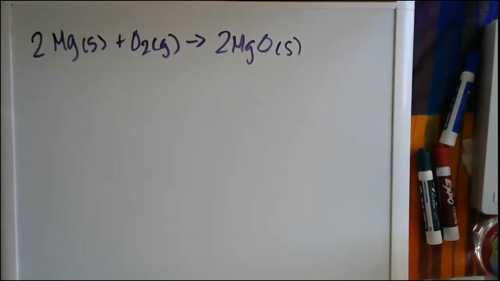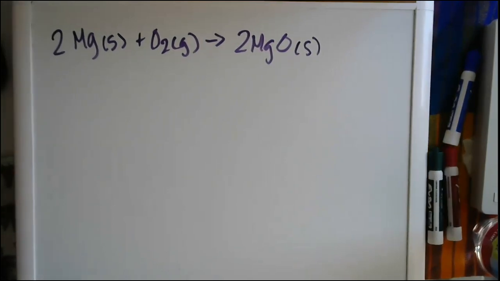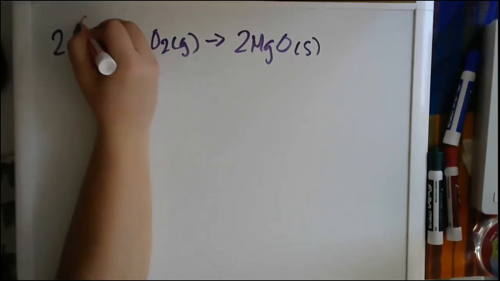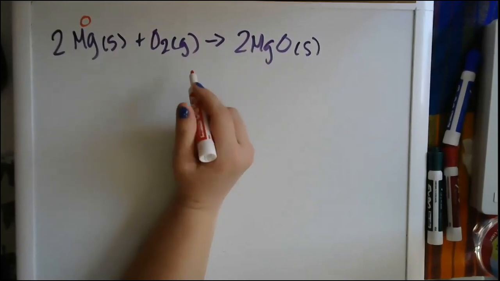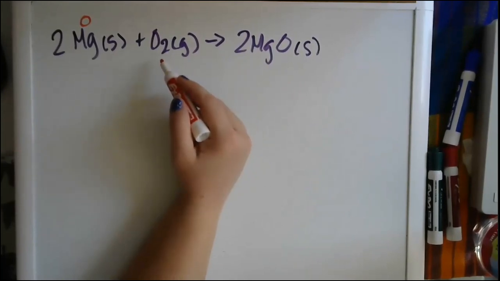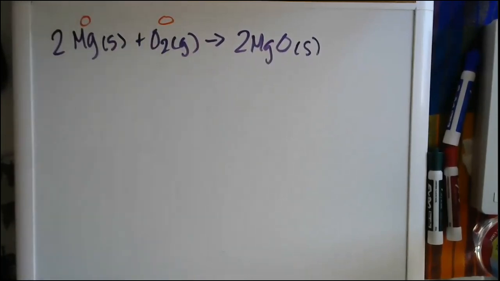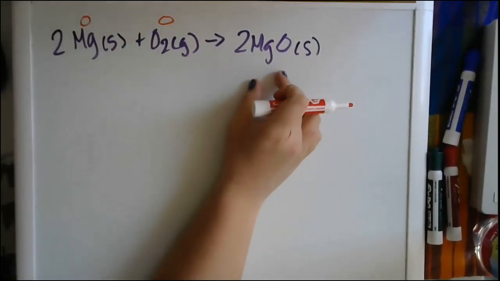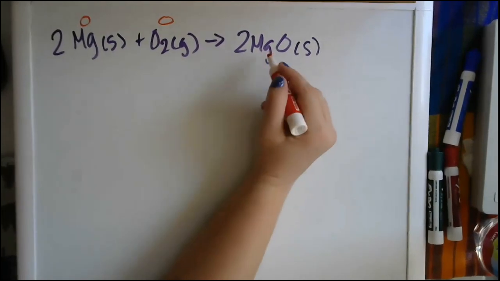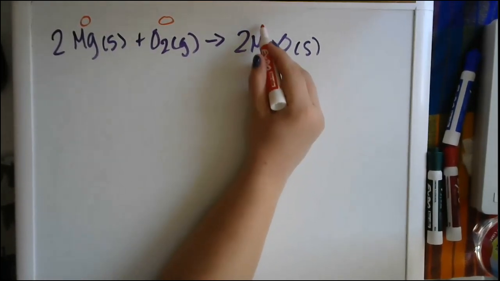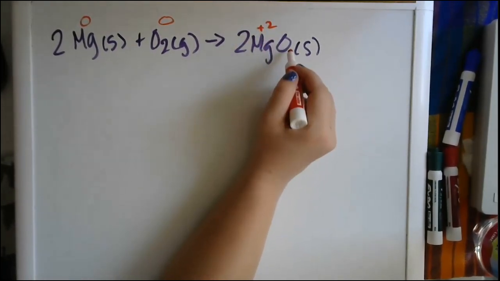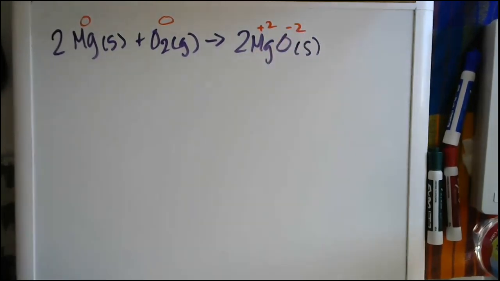Okay, so I'm going to start by labeling the oxidation state of everything that's here. My magnesium is in its elemental form, so it has an oxidation state of 0. My oxygen here is in its elemental form, so it has an oxidation state of 0. In this compound here, MgO solid, my magnesium will have an oxidation state of +2. My oxygen will have an oxidation state of -2.